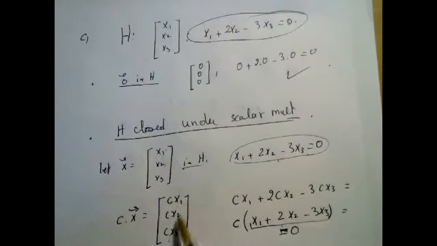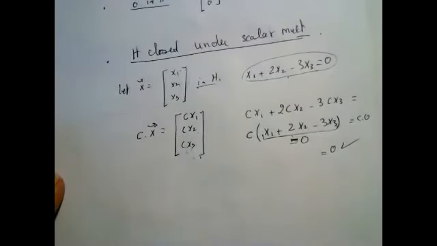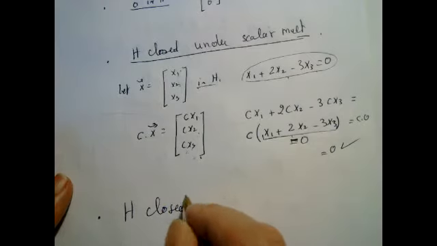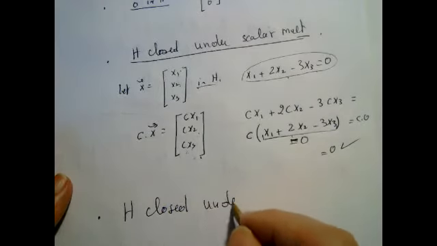Now my question is, when I scale it, does it still have it? So this is equal to 0. Therefore, this is equal to 0. So it's closed under scalar multiplication. And finally, under vector addition.